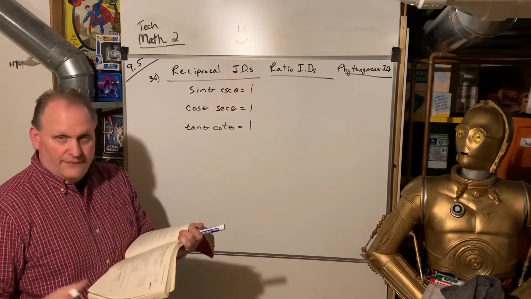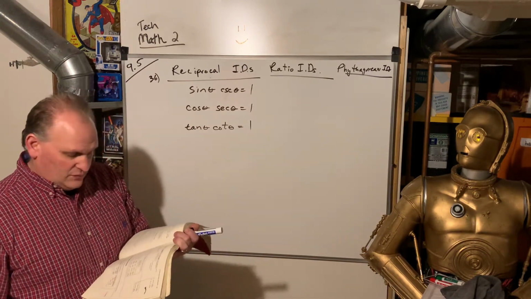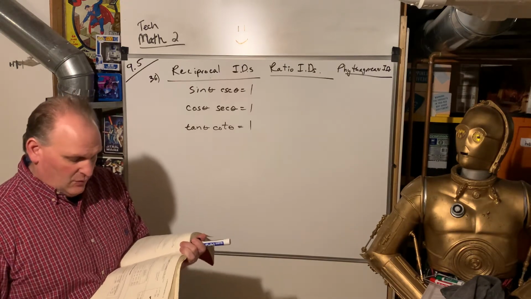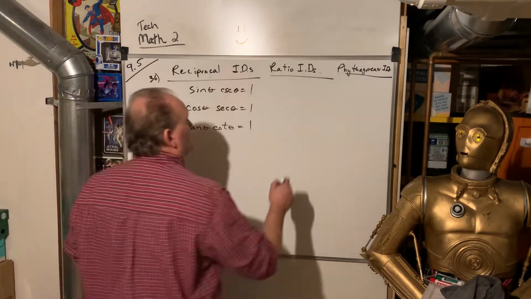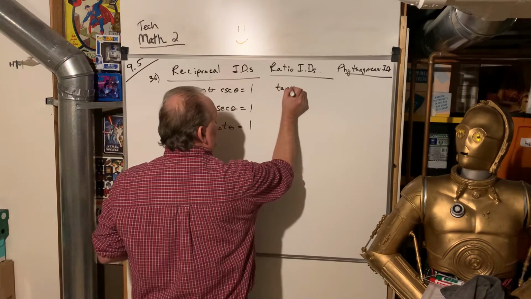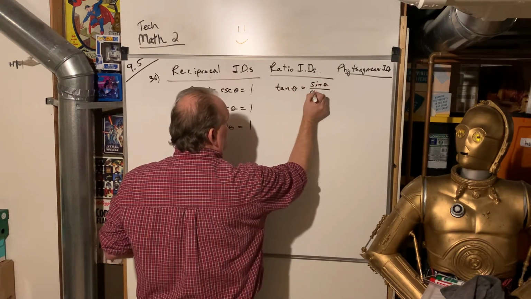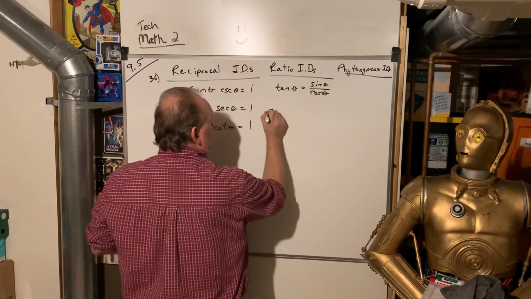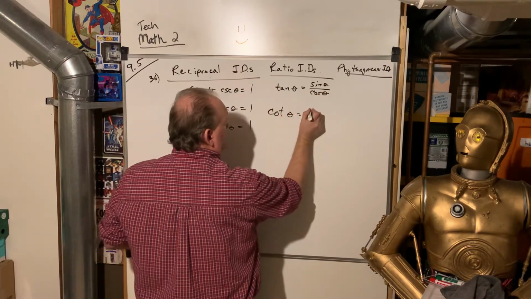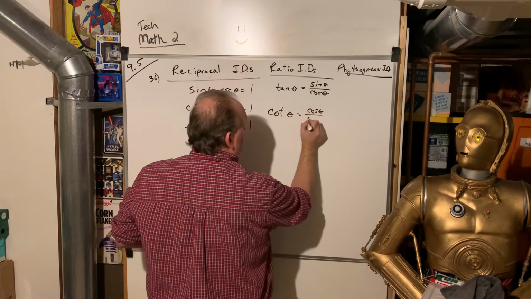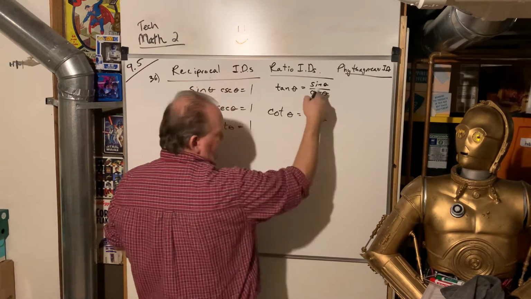If you take reciprocals and multiply them, you'll always get 1. The ratio one, that's tangent of theta is equal to sine theta over cosine theta. And cotangent theta is equal to cosine theta over sine theta, the reciprocal of that, right?